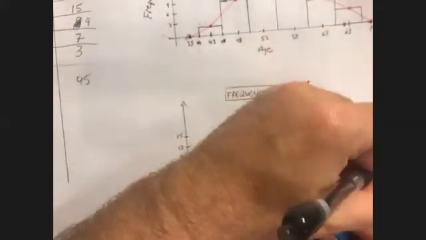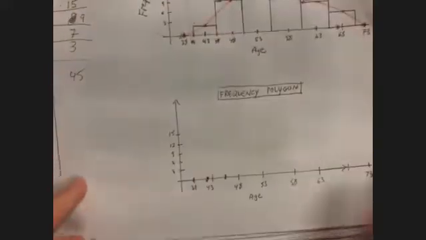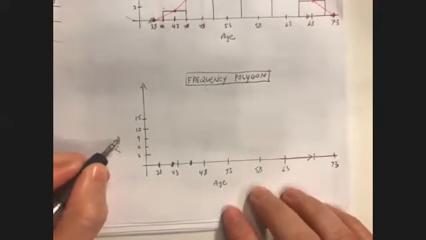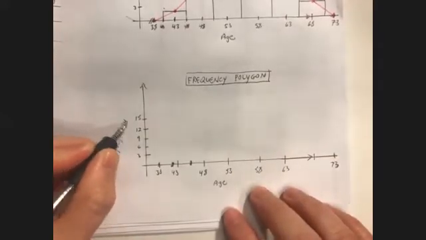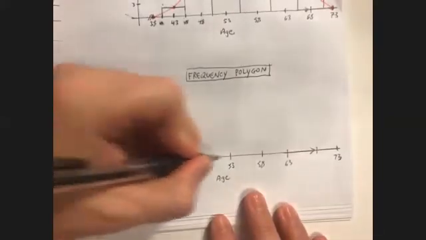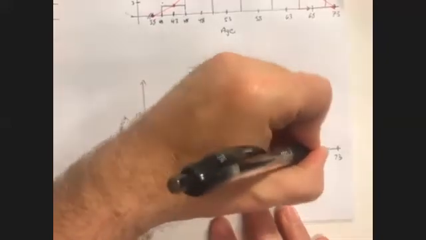And 73. So that's all the ages. This is the frequency. So the only ones I need are these. The others were some mistakes as I was doing that.